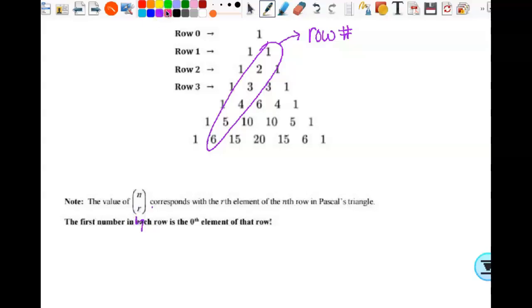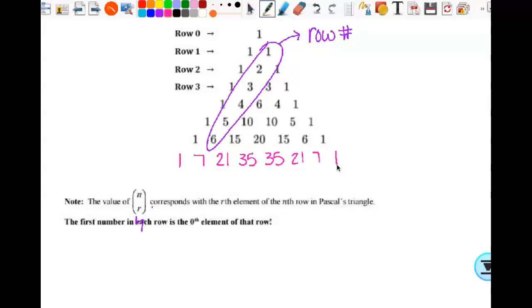Write in the 7th row. All right. We good on that, how it works?